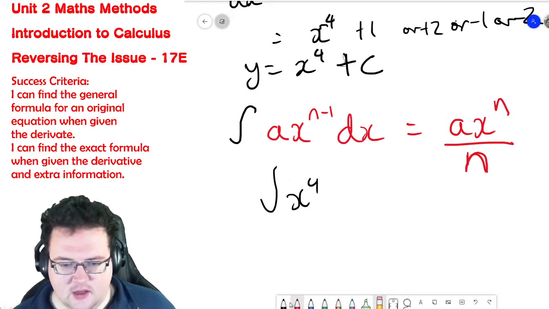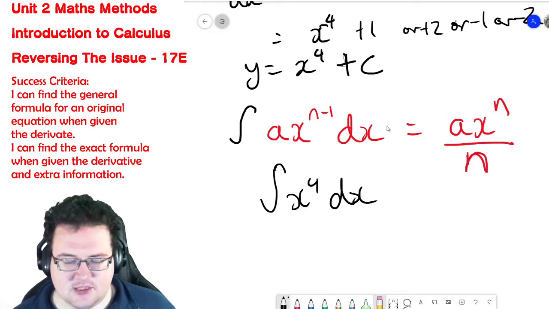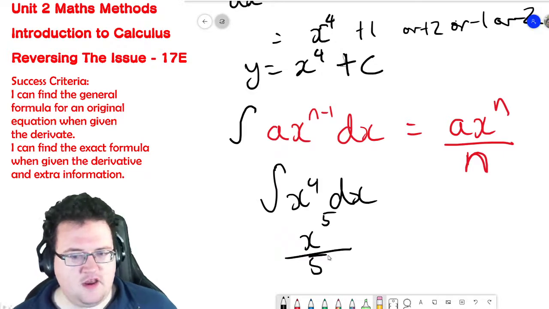If we anti-differentiate that with respect to x, then we get x to the 4 plus 1, which is 5, and we divide by that number.